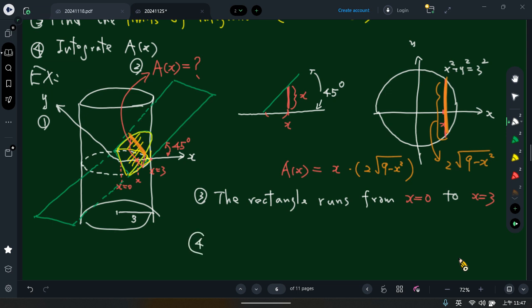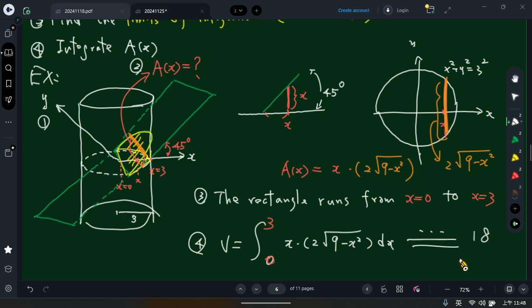Then finally, we just calculate the whole volume, from 0 to 3, of typical A of X, which is X times 2 times square root of 9 minus s squared, dx. I skip the detailed calculation, then the result will be 18.